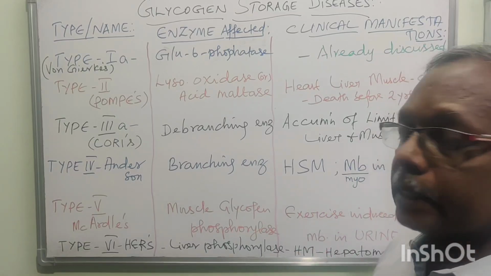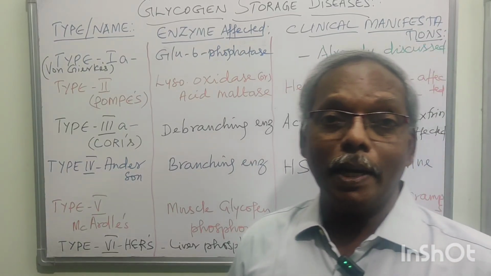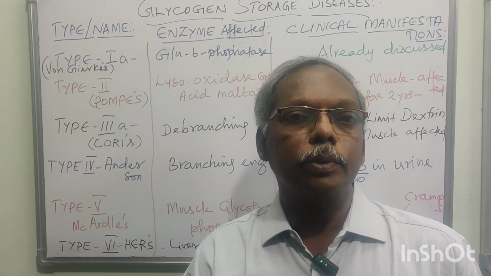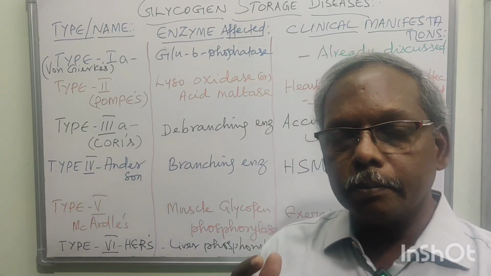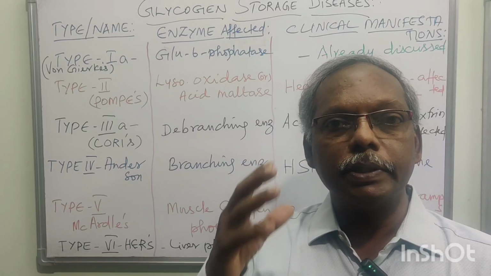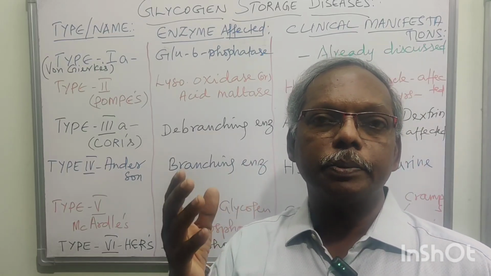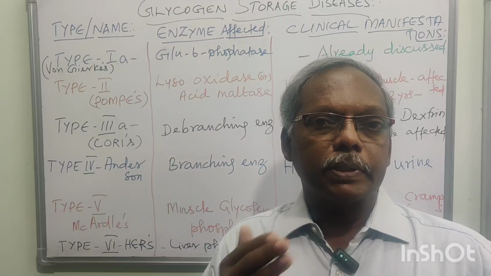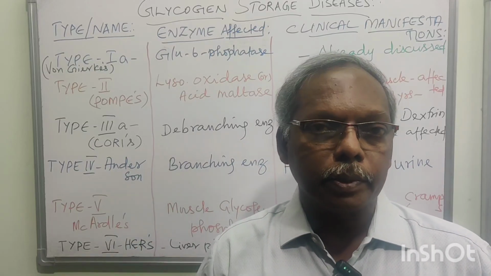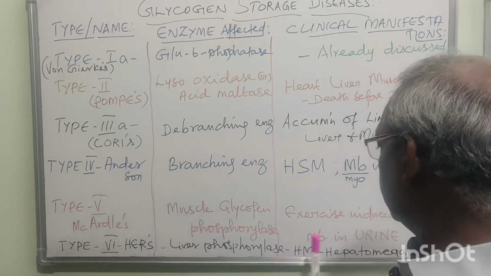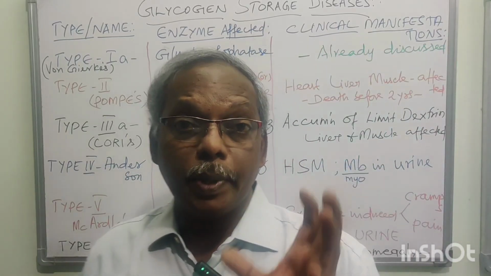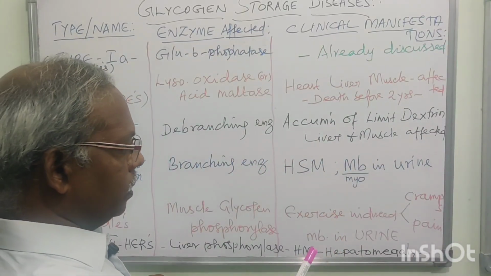Here there is exercise-induced pain and muscle spasm, because the glycogen is not able to be metabolized due to the absence of the enzyme in muscle. That is why they get exercise-induced spasm or pain.